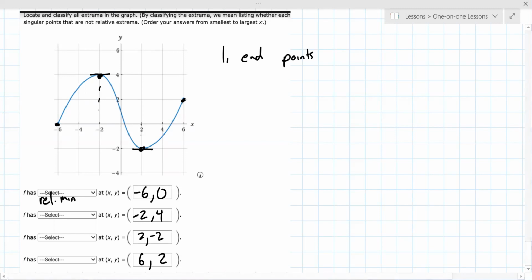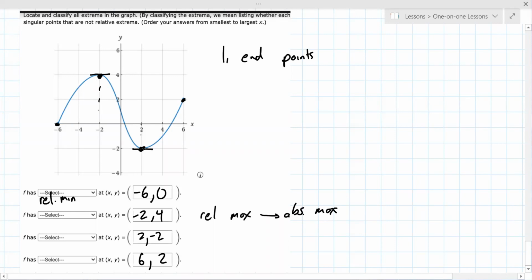The next point here, compared to everything around it, it's a max. It's a relative max. But because it's bigger than everything else, it moves to an absolute max, if that's an option there. Okay, yeah, it is.